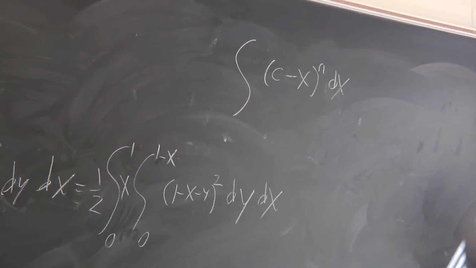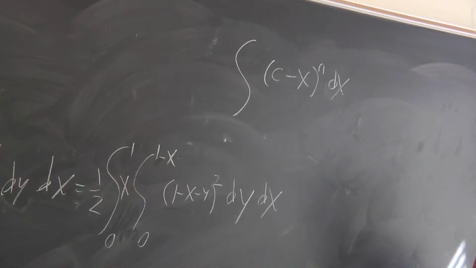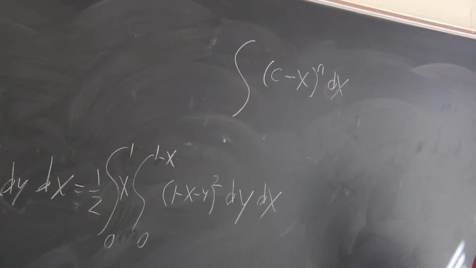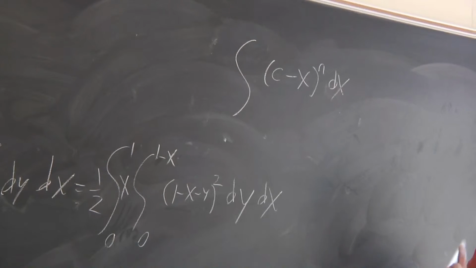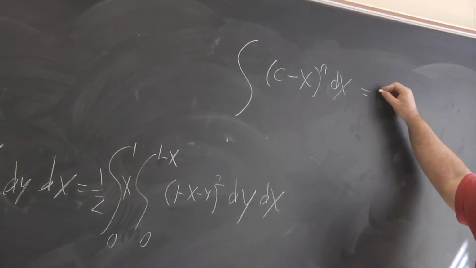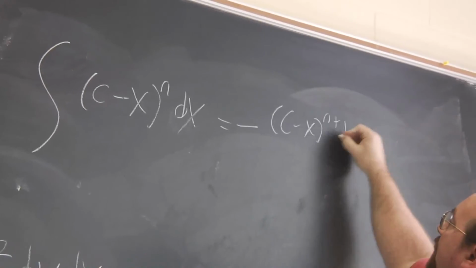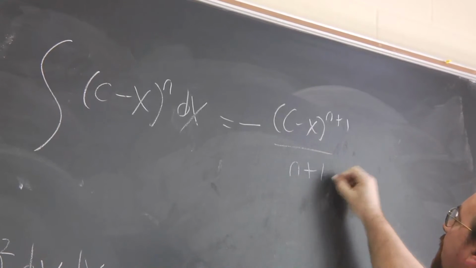Without bothering to multiply it out, just like normal, you'd integrate the entire inside as if it were just an x. You still increase the power by 1, you still divide by n plus 1, as long as you're careful about the minus. So we actually get a minus, c minus x to the n plus 1 over n plus 1.